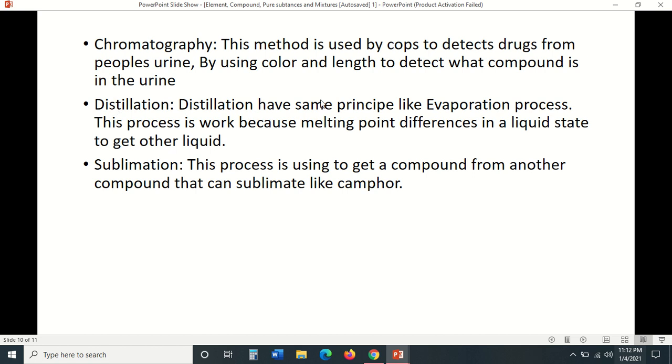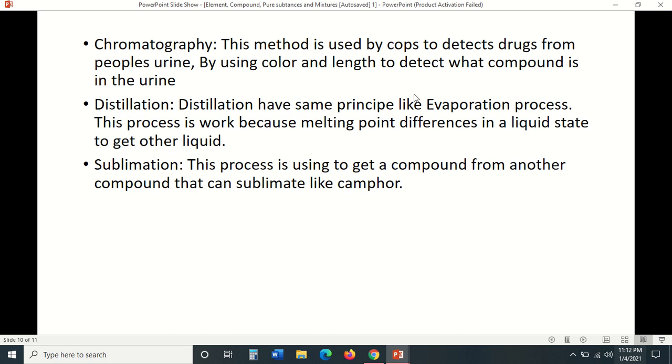So there is also a process called distillation. Distillation has the same principle as the evaporation process. This process works because of boiling point difference in a liquid state to get another liquid. If a liquid were contaminated with another liquid, how can we separate them?